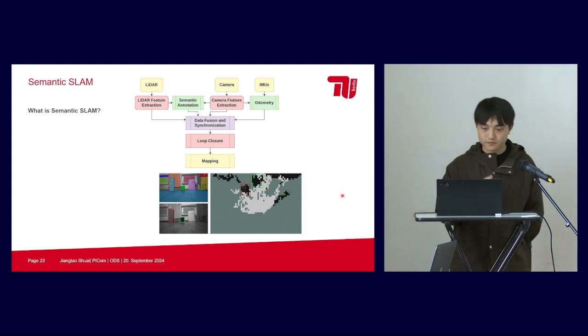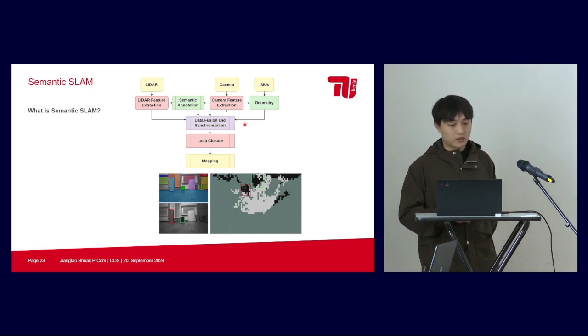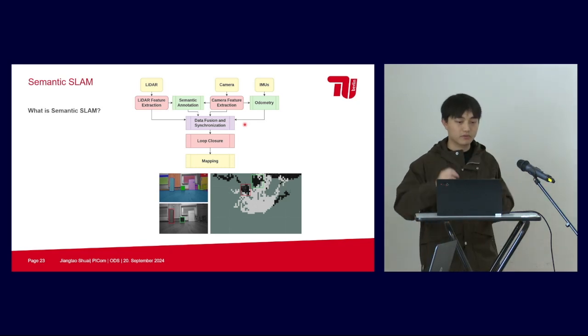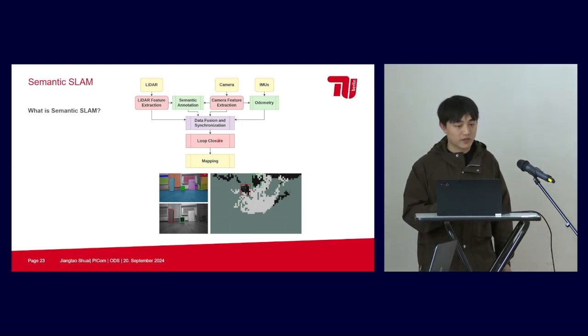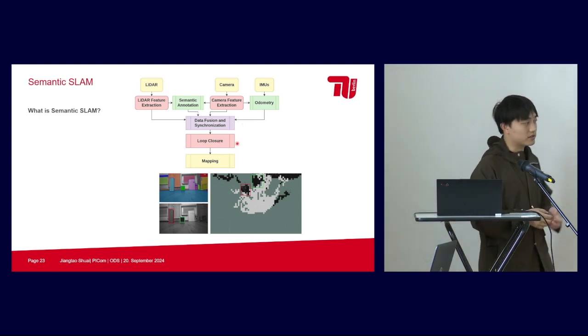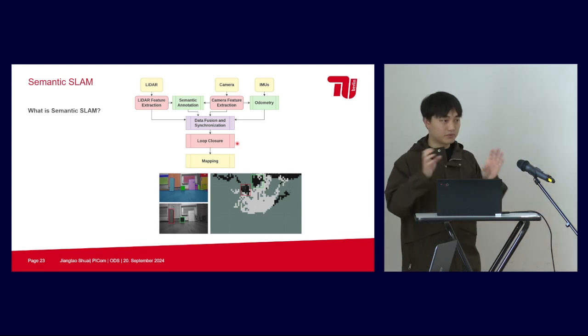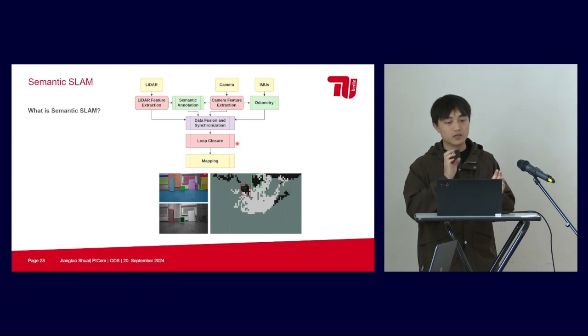Based on the feature extraction, we can do semantic annotation and then fuse all the data together to do the SLAM, which means mapping, building a map from the perception information. Then of course we have loop closure to detect whether there is a place we arrived at before, or whether there is some overlap between two different timestamps in the environment, to build a more consistent map.